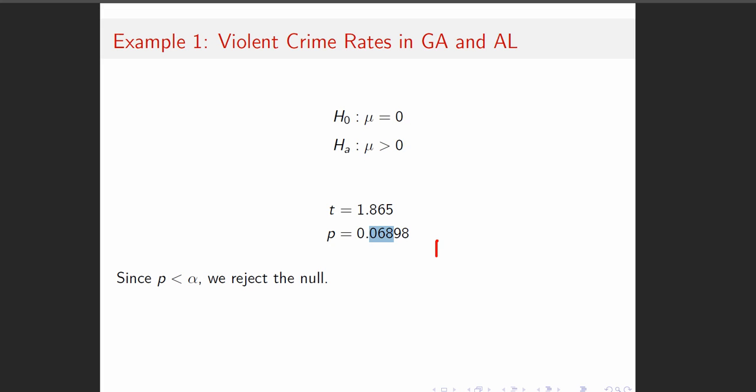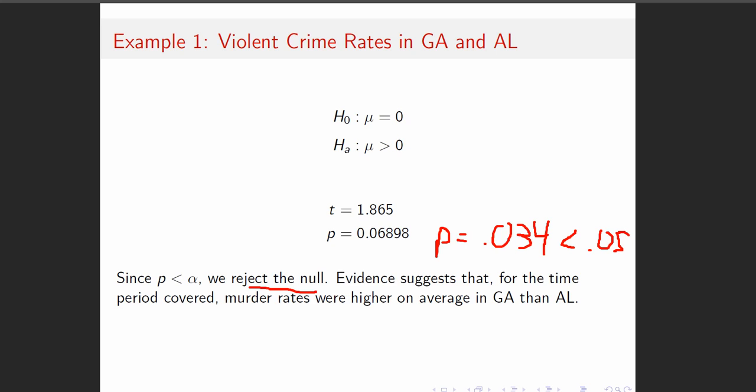So the one-tailed p-test is P equals 0.034, which is indeed less than 0.05. So we reject the null, and that indicates that for the time period covered, maybe not all of our history, but from 1960 to about 2005, the murder rates were higher on average in Georgia than in Alabama.